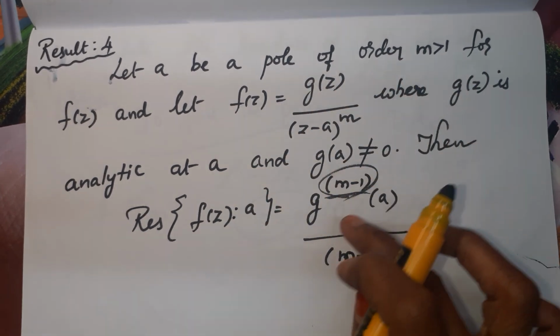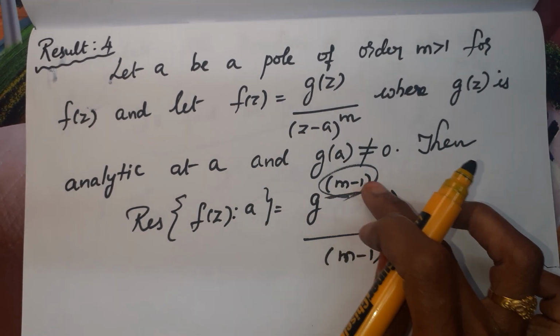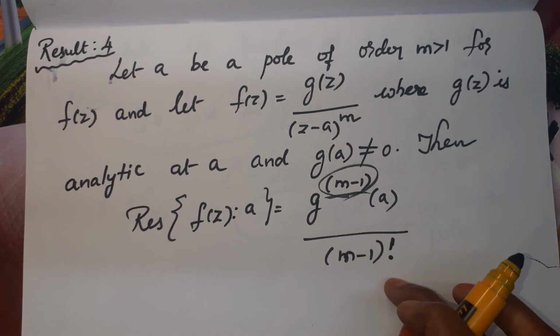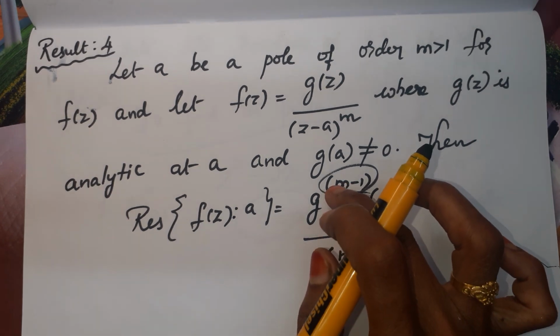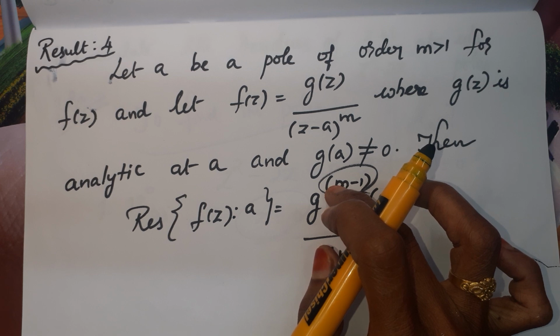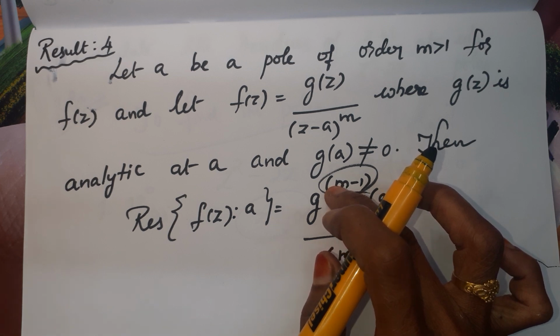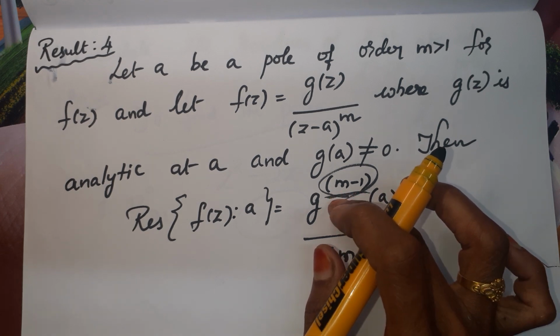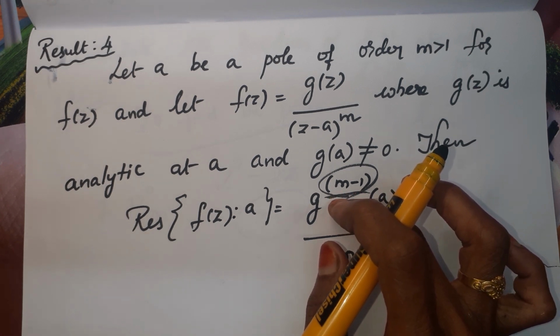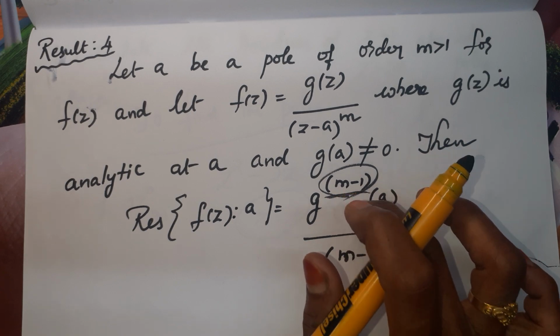The formula is the (m minus 1)th derivative of g of z, divided by (m minus 1) factorial. That is, g of z has to be differentiated m minus 1 times. I will explain this in this problem. Make a note of this result. If it is not a simple pole, we have to use this result.